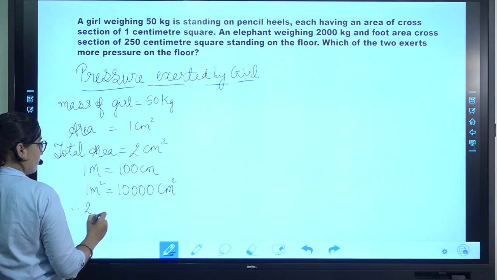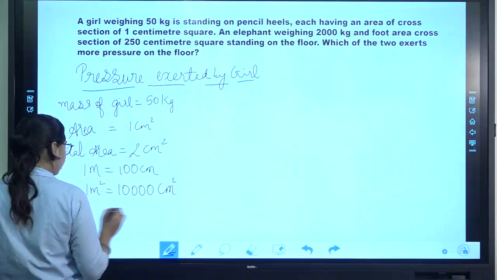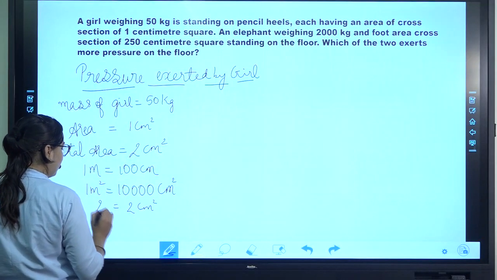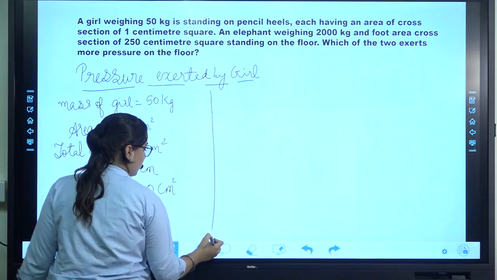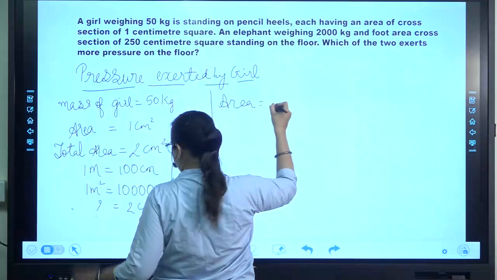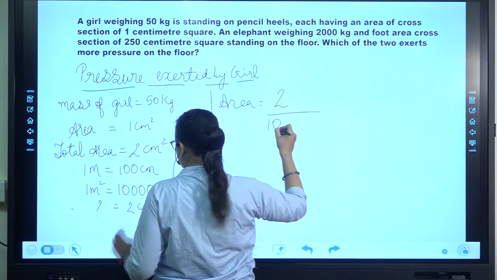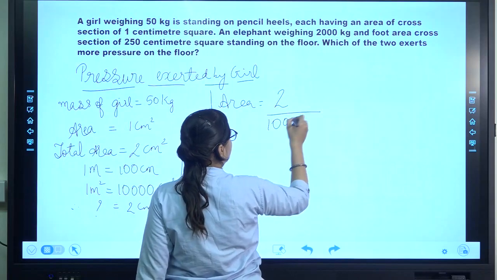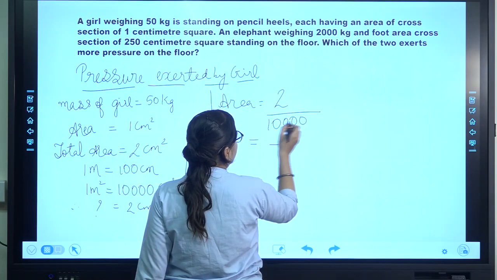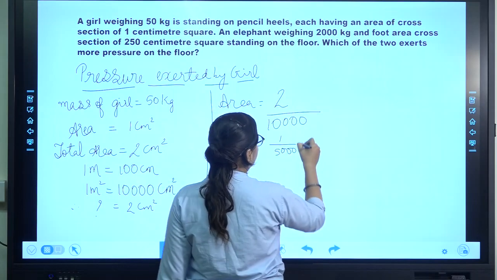Therefore, 2 centimeter square will be how many meters square? So, area is equal to 2 upon 10,000, which is 1 upon 5000 meters square.